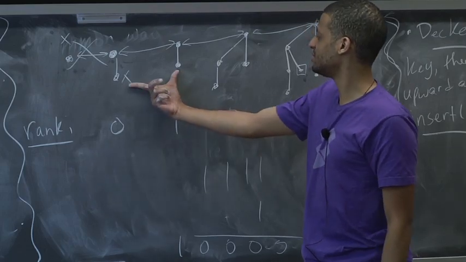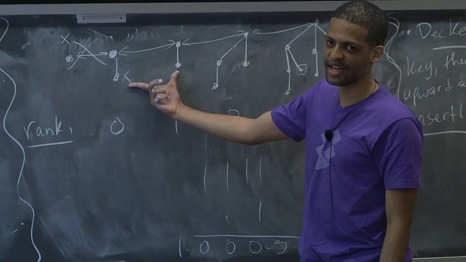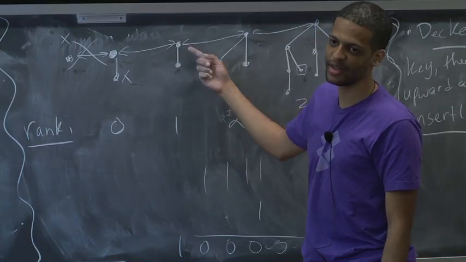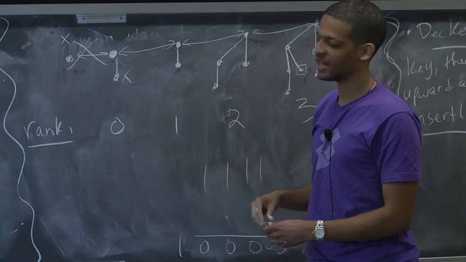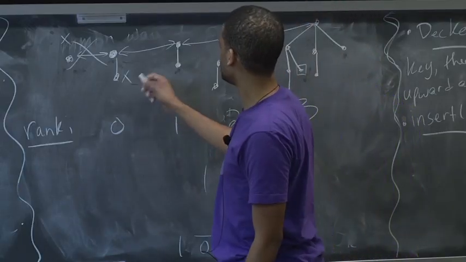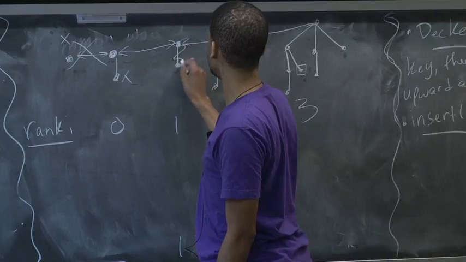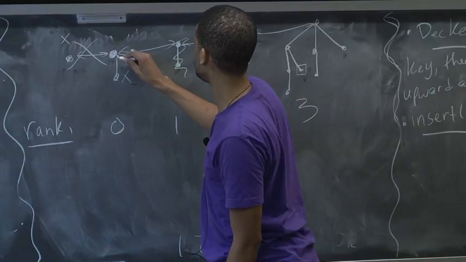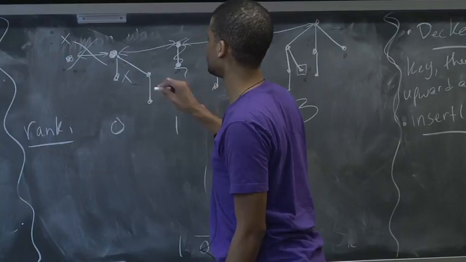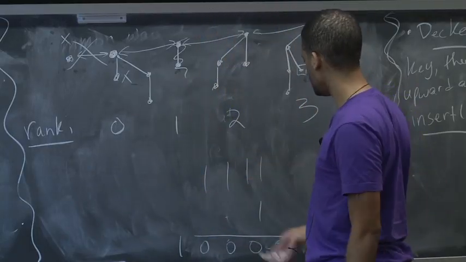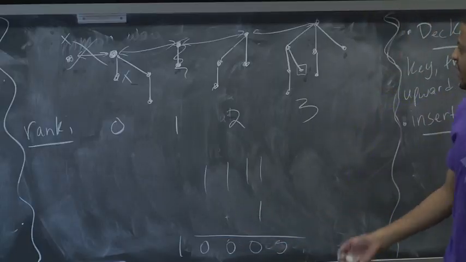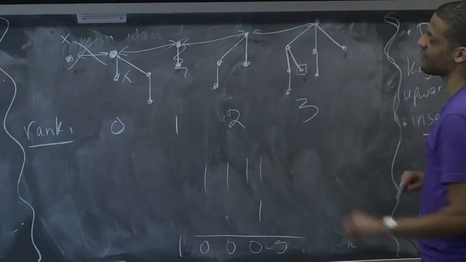We have two rank 1 trees. We need to merge them. One will be the child of the other, depending on the roots. For example, maybe this guy hangs off here now. And then we have two rank 2s. There's a carry. We add them, et cetera, until finally this will all merge into a rank 4 tree.